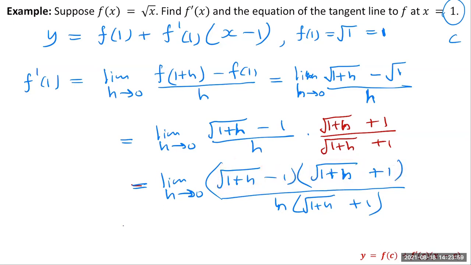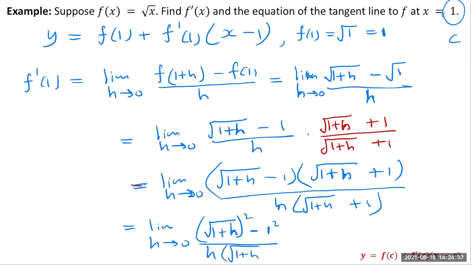So that should be equal to the limit as h approaches 0 of the square of this minus the square of this: square root of 1 plus h, squared, minus 1 squared, divided by h times square root of 1 plus h plus 1. That's what you have.